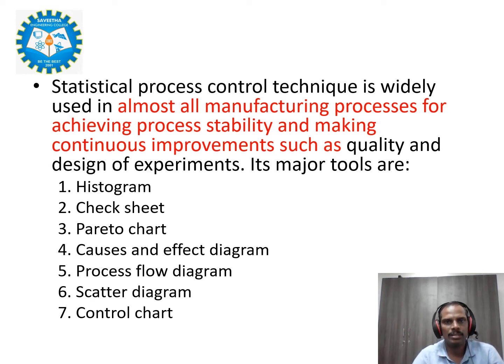This technique is used in almost all manufacturing processes nowadays, achieving process stability and making continuous improvement in product quality, and to make new designs or redesign experiments to get the required quality. The major tools of statistical process control are the histogram, check sheet, Pareto chart, cause and effect diagram, process flow diagram, scatter diagram, and control charts.